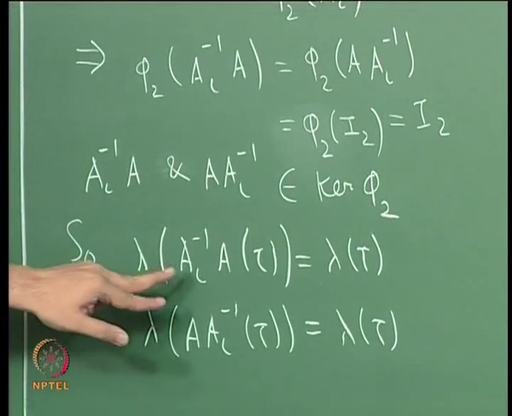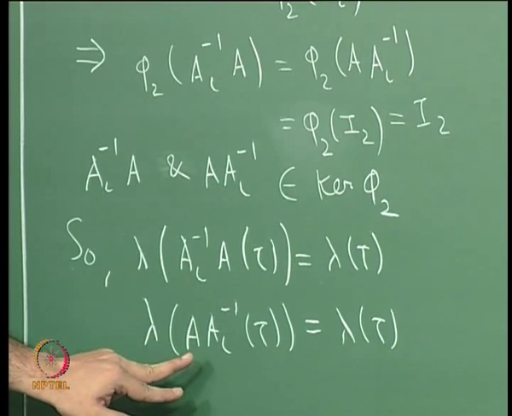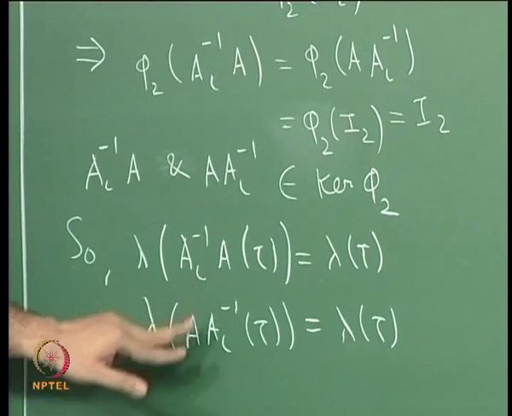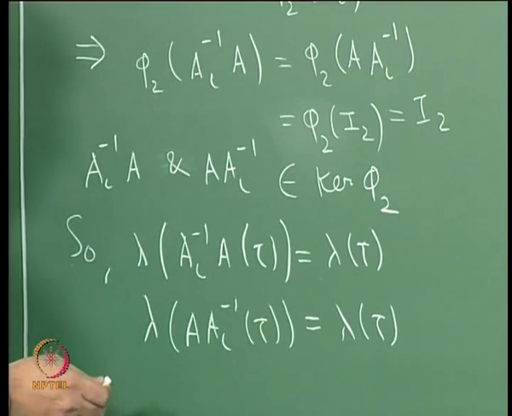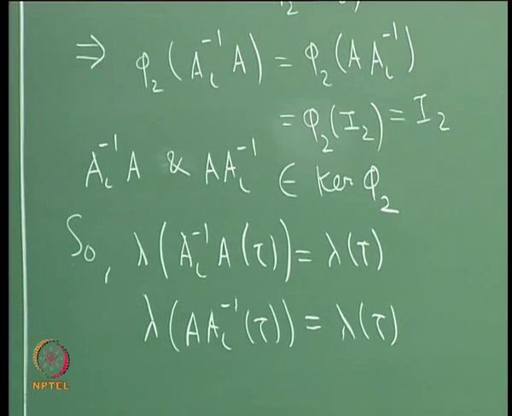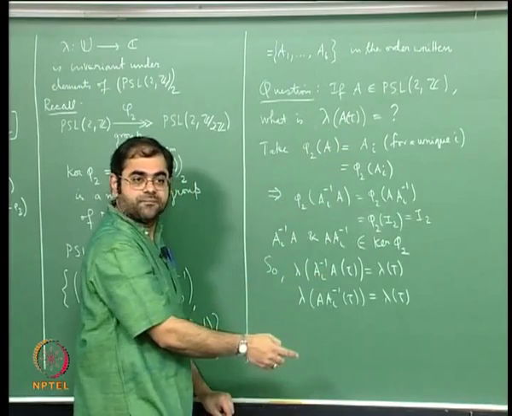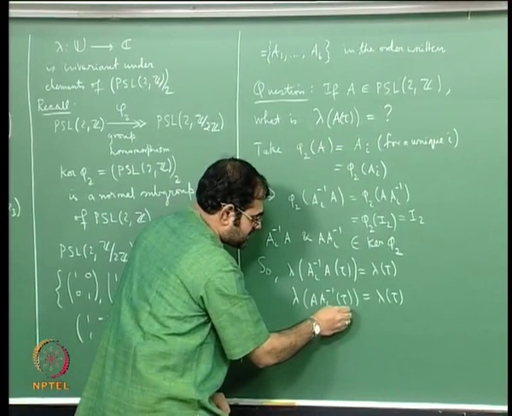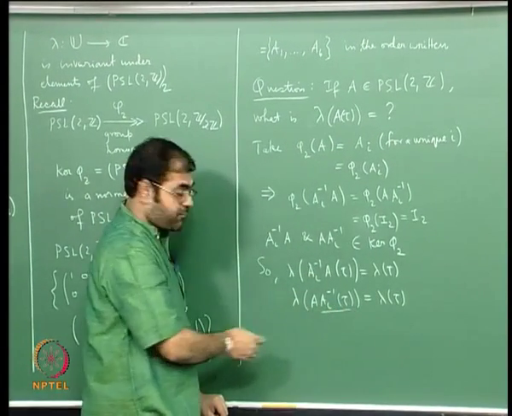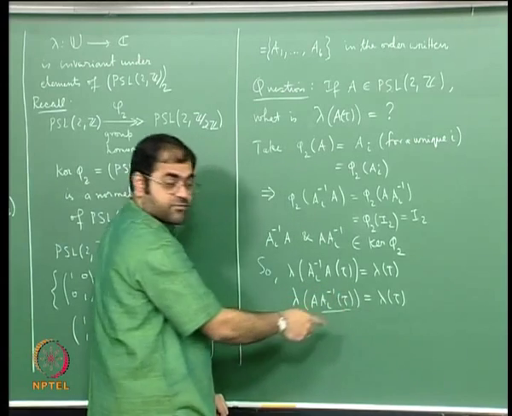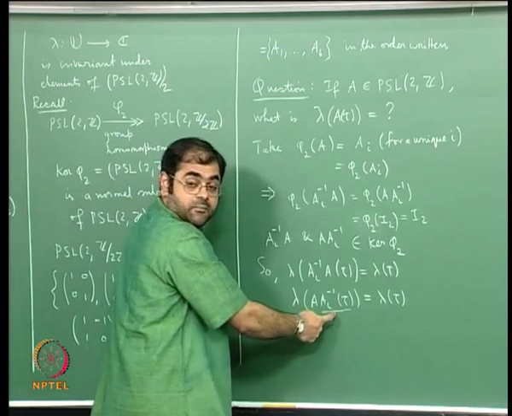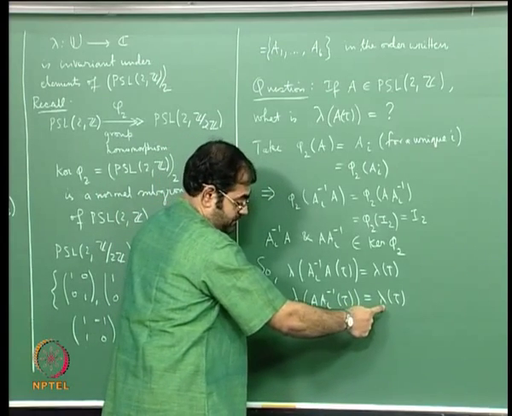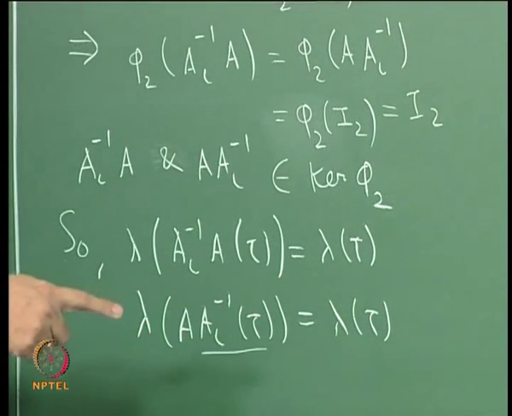Therefore, my aim is to calculate what lambda of A tau is. In this second equation, suppose I replace AI inverse tau by some tau prime. Then I will get lambda of A tau prime is equal to lambda of AI of tau prime.